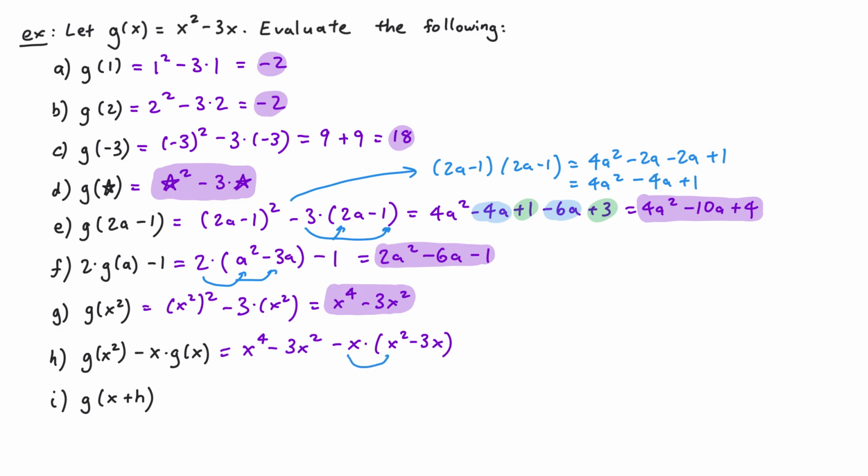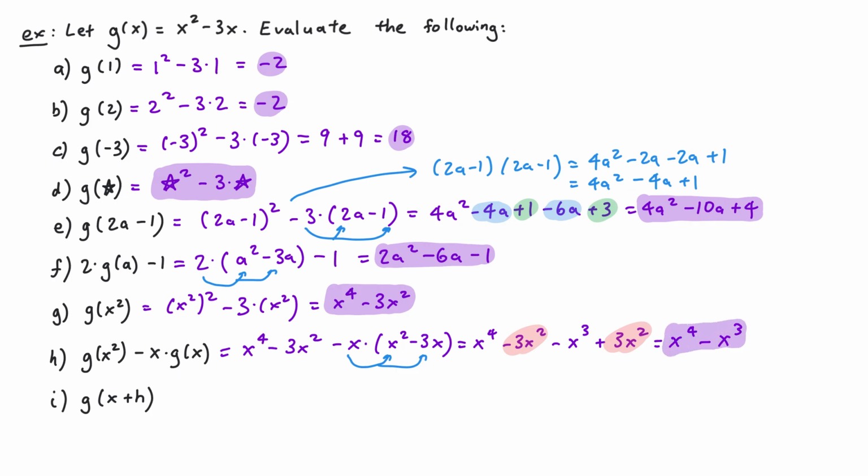We can distribute the negative x here to get x to the 4th minus 3x squared minus x cubed plus 3x squared. If we combine the negative 3x squared with the plus 3x squared, those two terms cancel out, and we end up with x to the 4th minus x cubed. And that's our final answer.